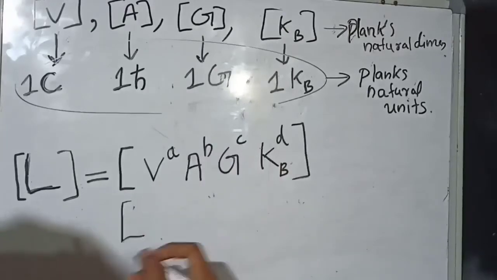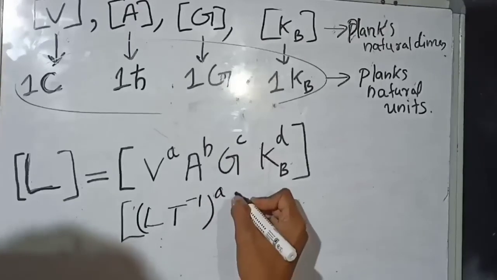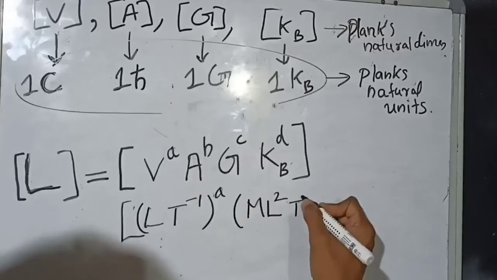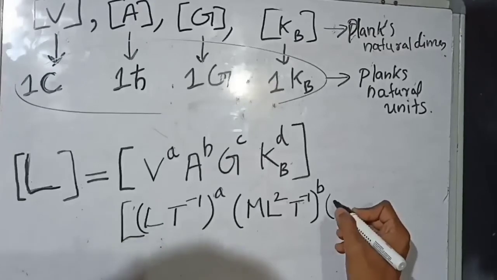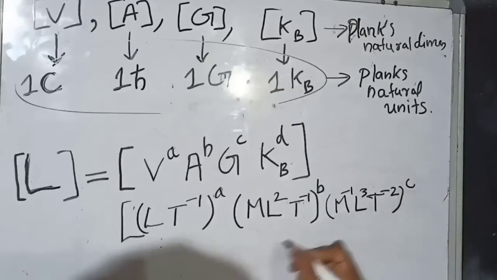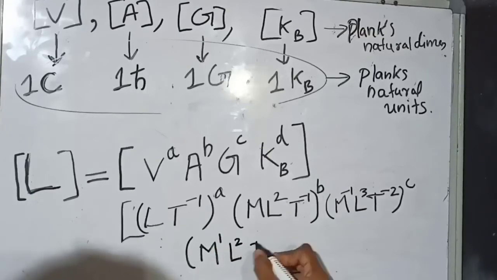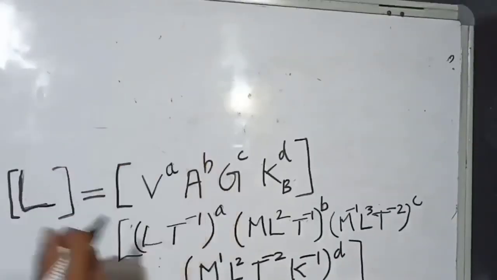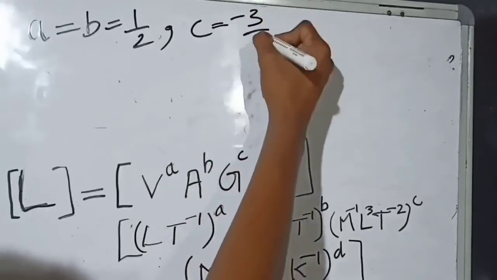For that, let us express V as (L t^-1) to the power A, and the dimension of the action as (M L^2 t^-1) to the power B, and the dimension of the gravitational constant, as we know, is (M^-1 L^3 t^-2) to the power C. And we know the dimension of the Boltzmann constant as (M L^2 t^-2 K^-1) to the power D. So on equating the powers of LHS and RHS, we get A is equal to B is equal to half and C is equal to minus 3 by 2.